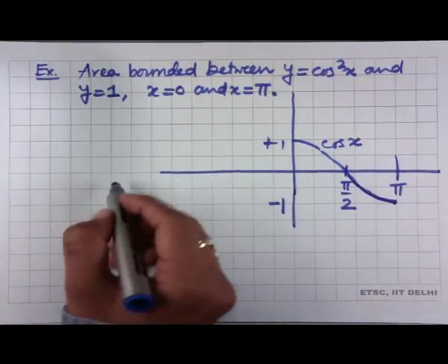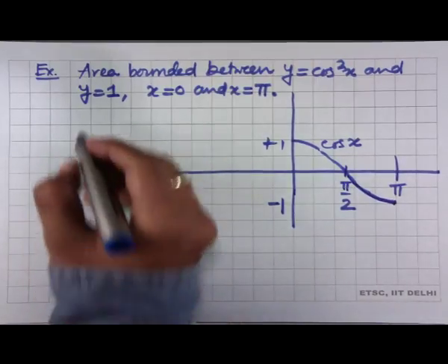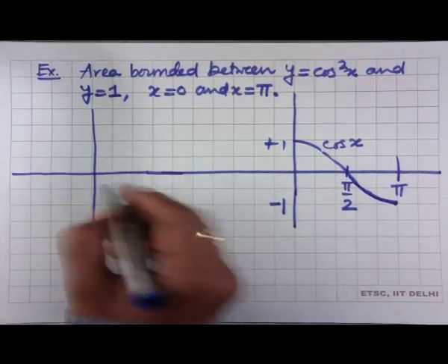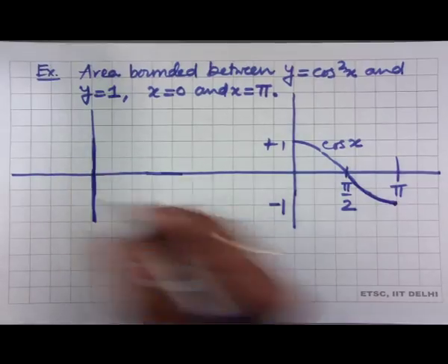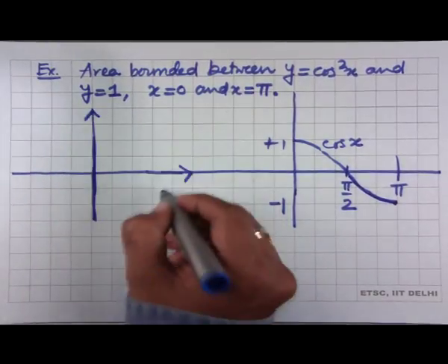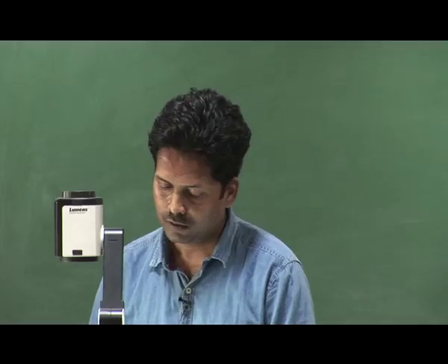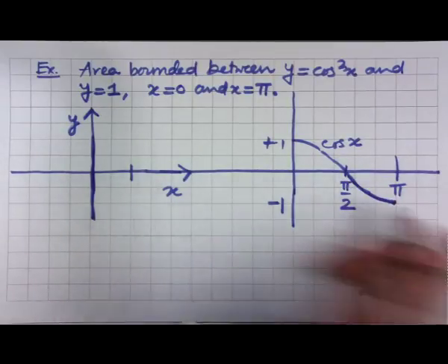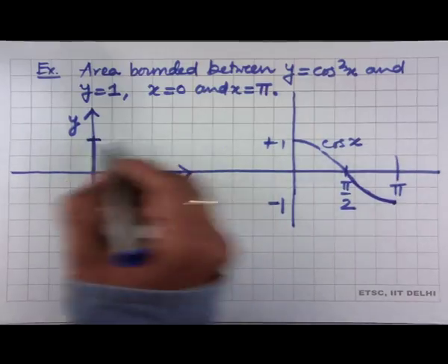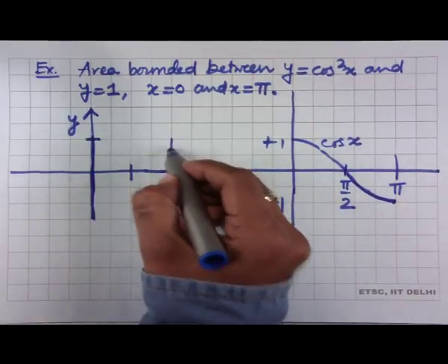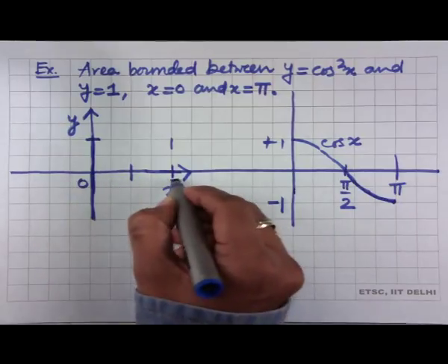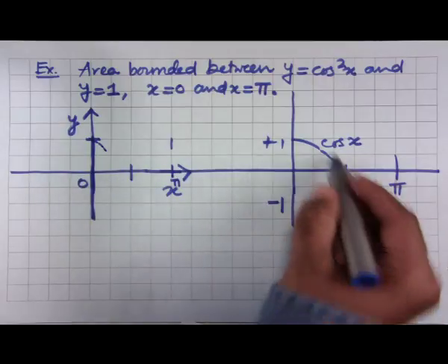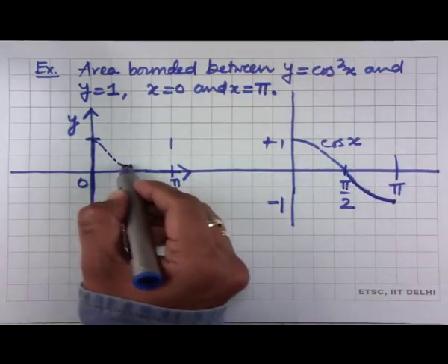This is a rough sketch of cos square x. Because the values lie between minus 1 and 1, it will not cross 1 between 0 and pi, and at pi by 2 it will be 0, so it will be something like this.